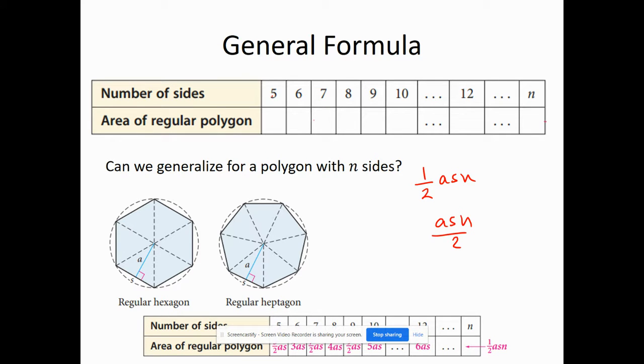If we let n, the number of sides, be 5, 6, and so on, the area of this polygon would be 5 over 2 times AS. This would be 6 over 2 AS. This would be 7 over 2. We're just changing n. This just becomes NAS over 2. And like I said before, the order doesn't matter.